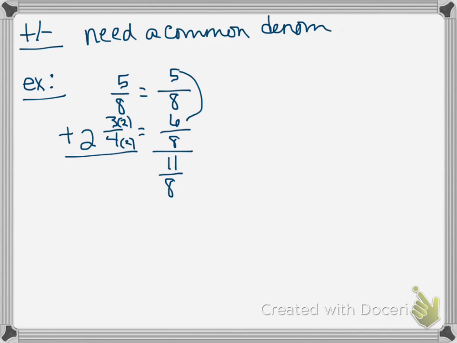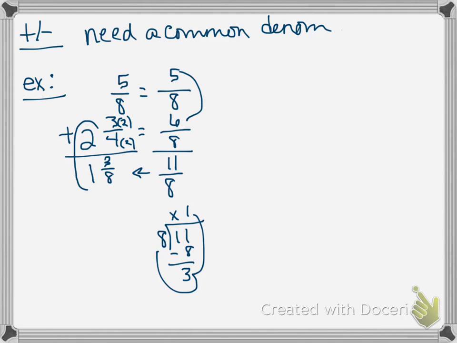With an improper fraction, remember, we can do cowboy horse. 8 goes into 1 0 times, 8 goes into 11 one time, we get 1 3/8. So I'm going to rewrite this as 1 3/8. Now don't forget about your 2, your whole number. So 2 plus 1 is 3, and 3/8 is my answer. So 5/8 plus 2 3/4 is 3 3/8.